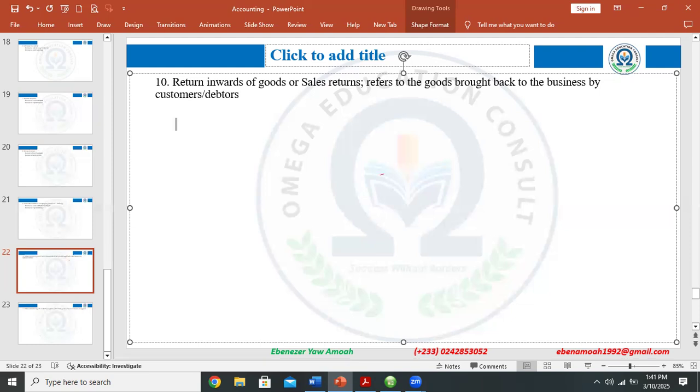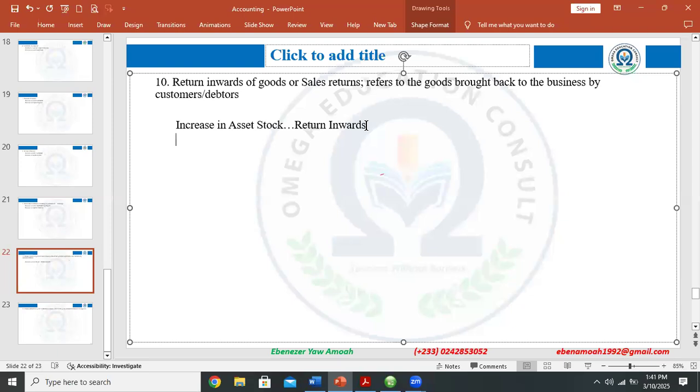Okay, so when the customers return the goods back to you, remember the business will be getting the goods back into the business. So there will be an increase in asset stock, right? And that came in the form of return inwards. Now the other effect is that, like I indicated, mostly it's our debtors who do these returns to us. Because before you pay for goods, you might have done all the checks.